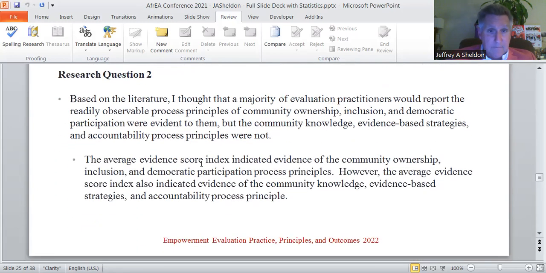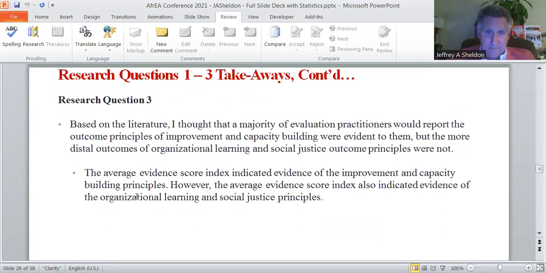Based on the literature, I thought the more readily observable process principles of community ownership, inclusion, and democratic participation would be evident, and that the community knowledge, evidence-based strategies, and accountability wouldn't be evident. But apparently they reported that all 6 process principles were evident during the poverty evaluation they reported on.